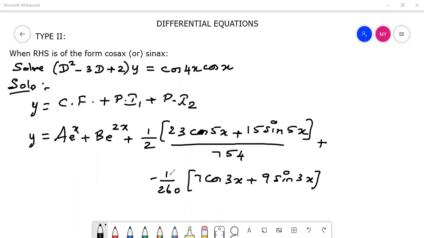That's it. So this negative will cancel this positive value. So that's it, girls. Thank you, students.